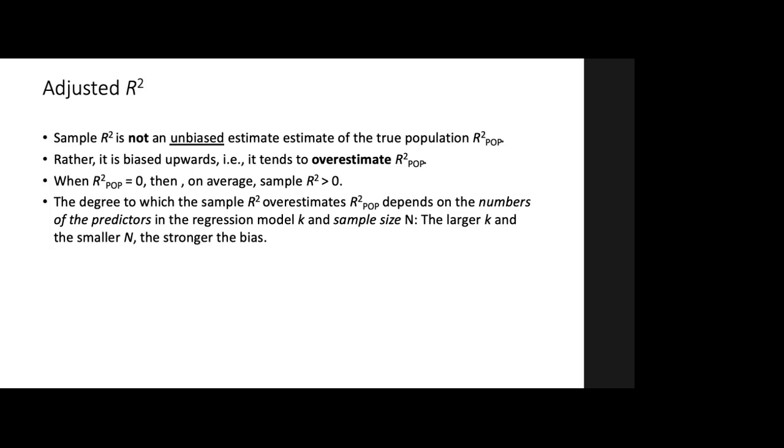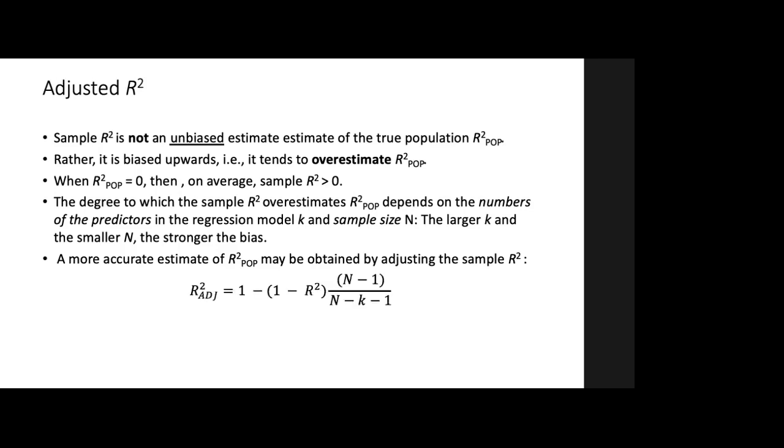So it increases with an increasing number of predictors and a decreasing number of observations, so subjects, in our sample. In order to get a more accurate estimate of our population R squared, the explained variance for our model, we adjust the sample R squared according to this formula here. We don't have to do it by hand; R does that for you, or any other statistics program.